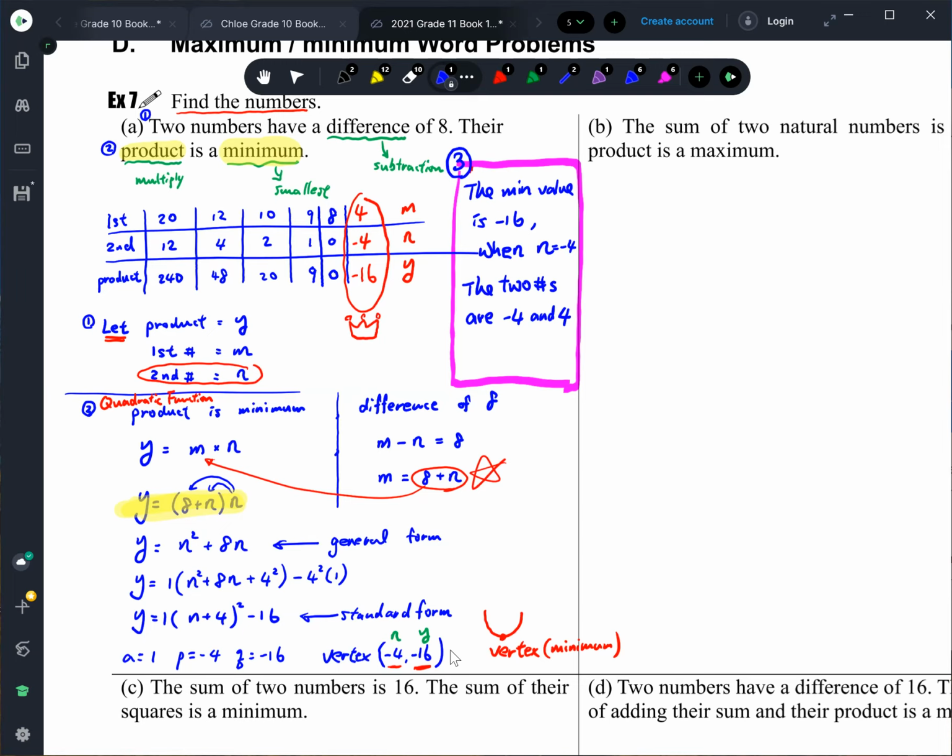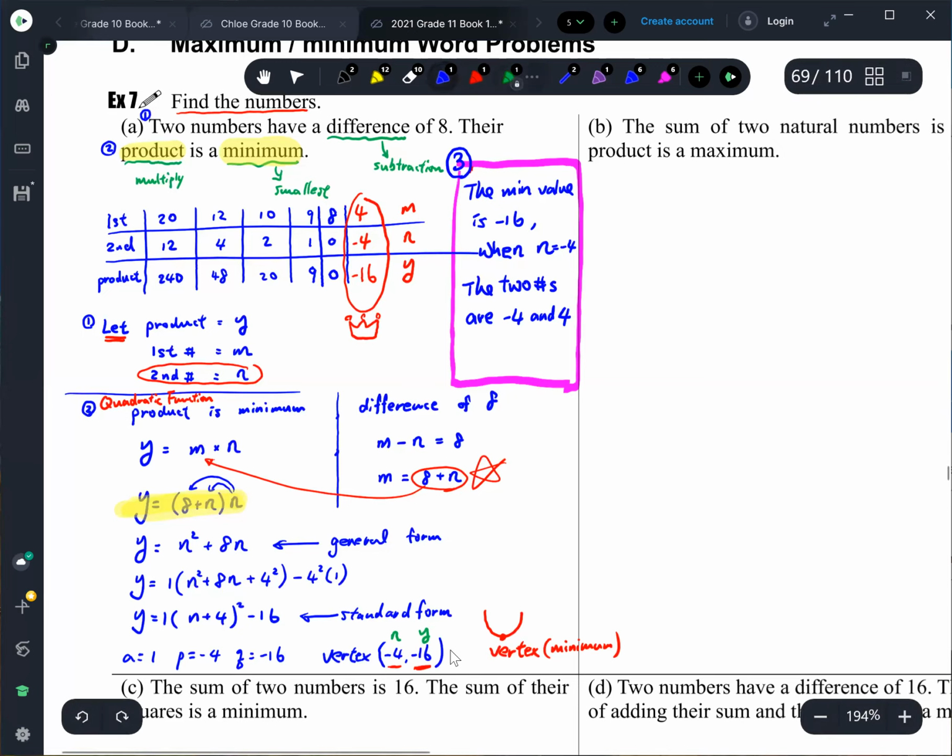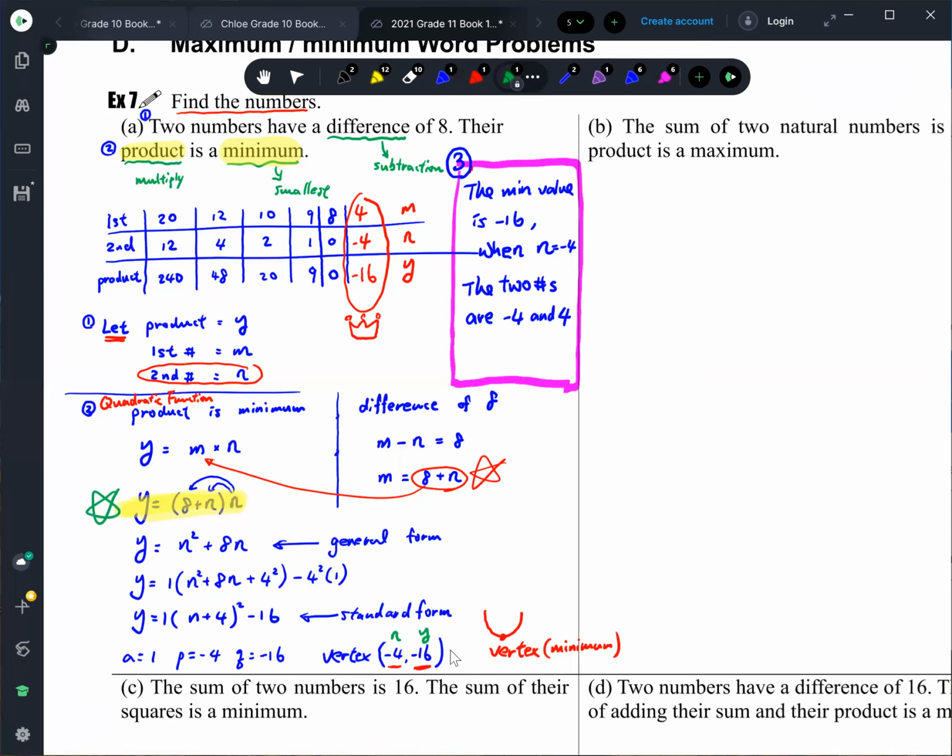Just go up to the function, on the left side, the highlighted part, up to the green star. See if you can get there for question B. Any questions about the first one?